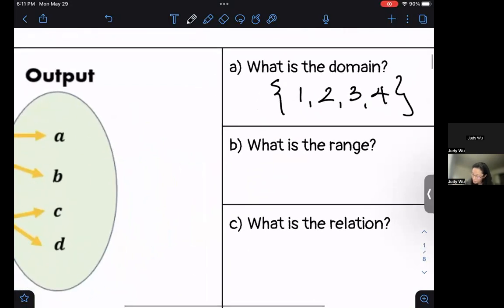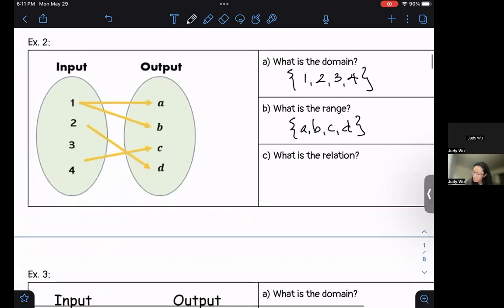My range is going to be the objects in the second set, so A, B, C, and D: {A, B, C, D}. And the relation is all of the ordered pairs that we see. Let's use our diagram to look over the ordered pairs before we write them down.